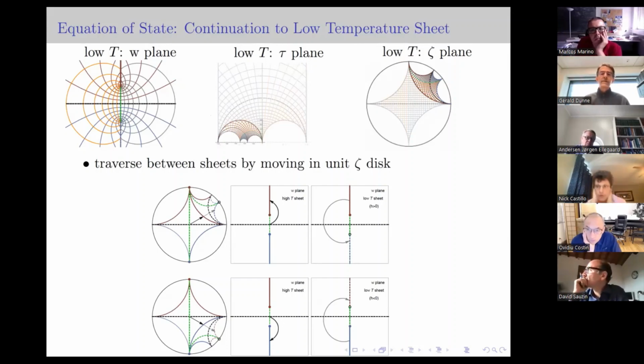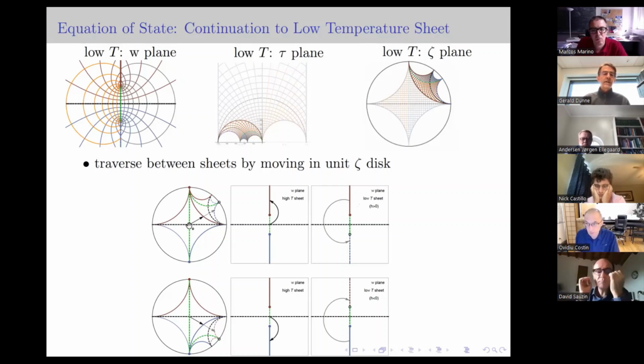transition across cuts. So if you remember what I was describing before in the animation, if I start at the origin on the high temperature sheet, which is this, let's call it the first sheet, and I move, say this is the omega plane, and I move across to one of the cuts and jump onto the low temperature sheet and try to then keep continuing on the low temperature sheet.